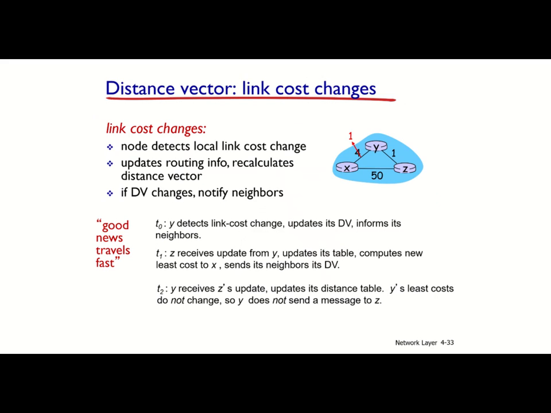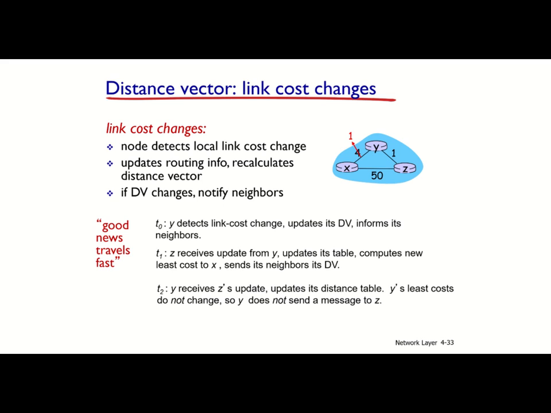So in this part of the lecture, we talk about two scenarios in which a link cost changes, and we talk about how distance vector reacts to this link cost change. In the first scenario, we assume that the cost of a link decreases from 4 to 1, for example.